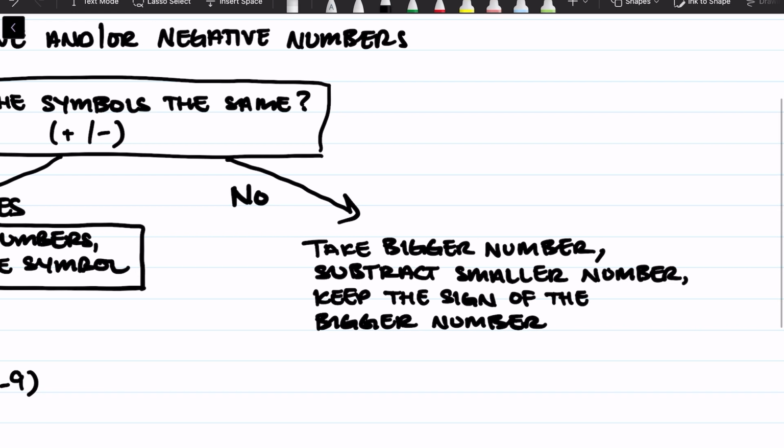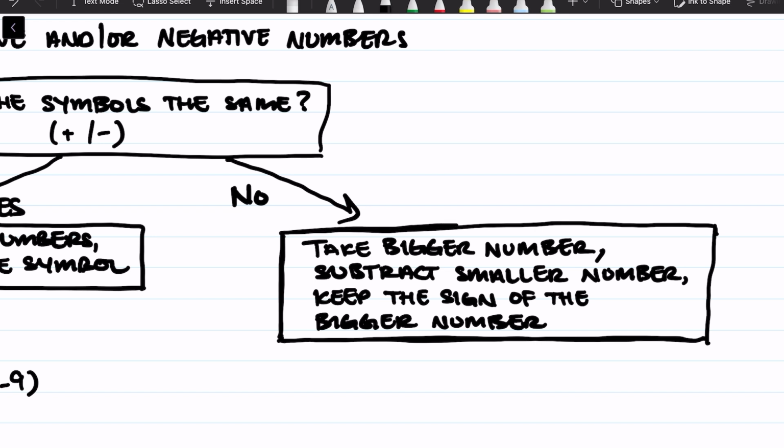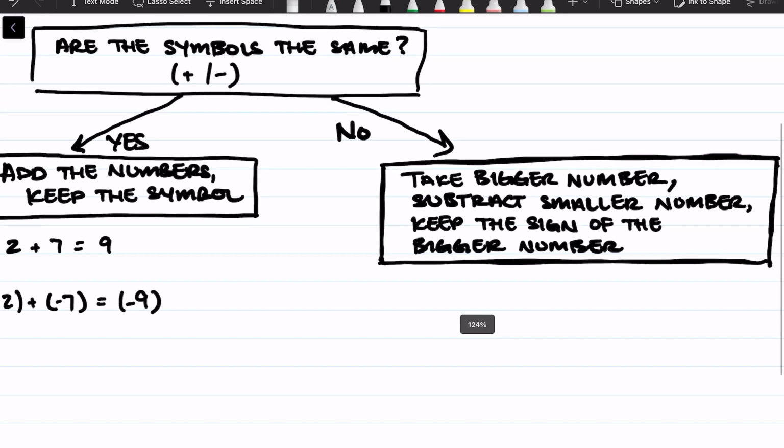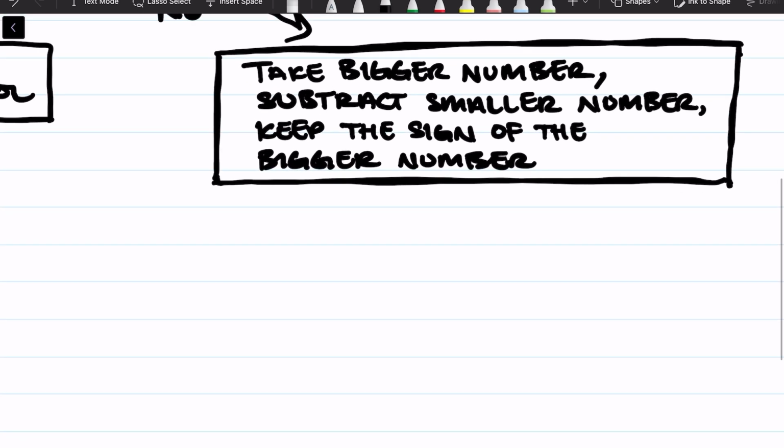So if you think about the analogy earlier with the battlefield of additions, think of it like the army, right? If the positive army is the bigger one, well, they're going to win. And so the flag of the positive army is the one that's going to be kept. Whereas if the negative army is the bigger one, then the negative team is going to win. And so the negative flag is going to be kept. So let's take a look at what this would look like here. We're going to do two examples.